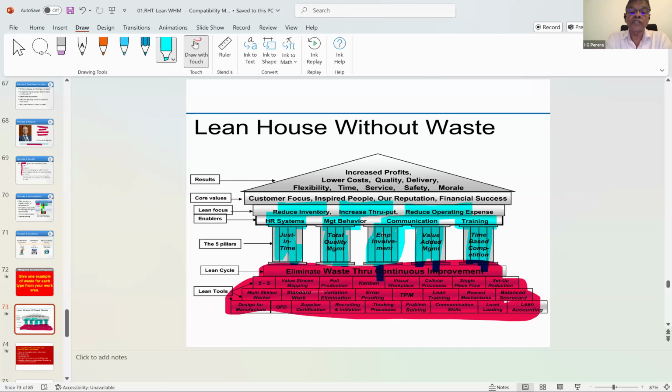Those are the lean focuses, and finally values, customer focus, inspiring people, and maintaining reputation, financial success. So the roof is the result. And you can see increased profits, reduce cost, quality, delivery, flexibility, all things. All these are the benefits that you are deriving from lean implementation.